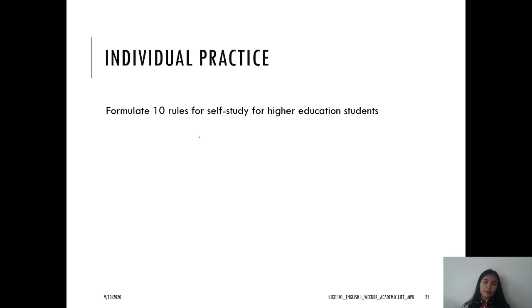Like for example, study by yourself. Maybe that would be one of the rules for higher education students, because obviously your lecturer is not going to spoon feed you all the time. You need to initiate your study by yourself. So that's just the example. Study by yourself more often. I'll just write it down here. Pardon my handwriting.